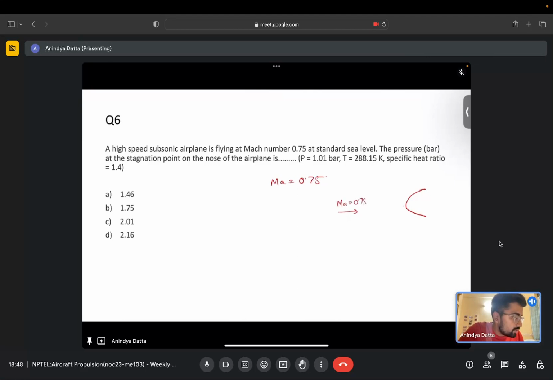At the nose of the aircraft, the fluid particle will be brought to rest, so velocity is 0, the temperature will be equal to the stagnation temperature, and pressure will be equal to the stagnation pressure.